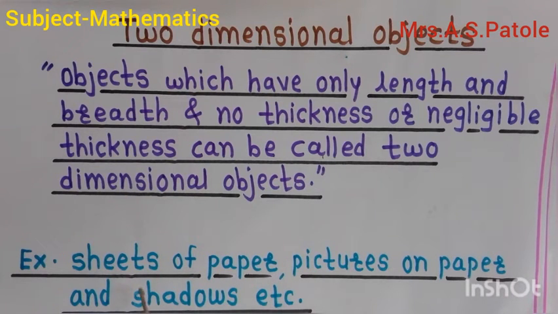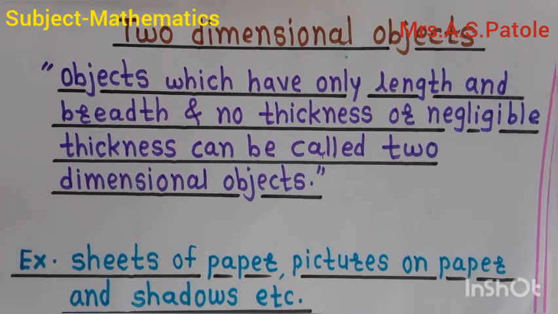For example, sheets of paper, pictures on paper and shadows, etc. Actually, objects are three-dimensional. Their pictures on paper are two-dimensional. That is why some pictures seem flat, but some pictures are drawn in such a way that we can sense the depth or thickness of the objects.